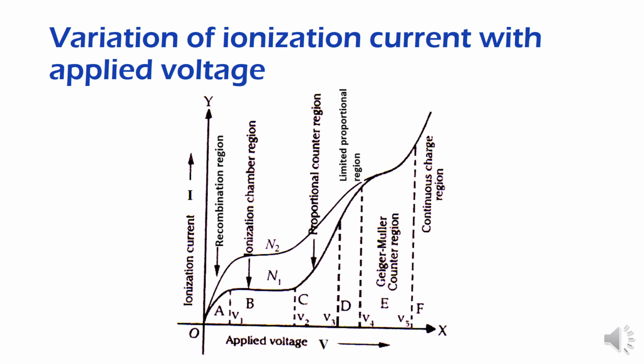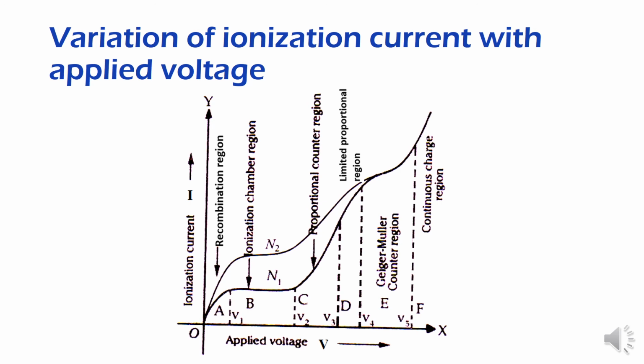So finally, if you look at the complete graph, the graph of ionization current versus applied voltage is divided into 6 different regions.